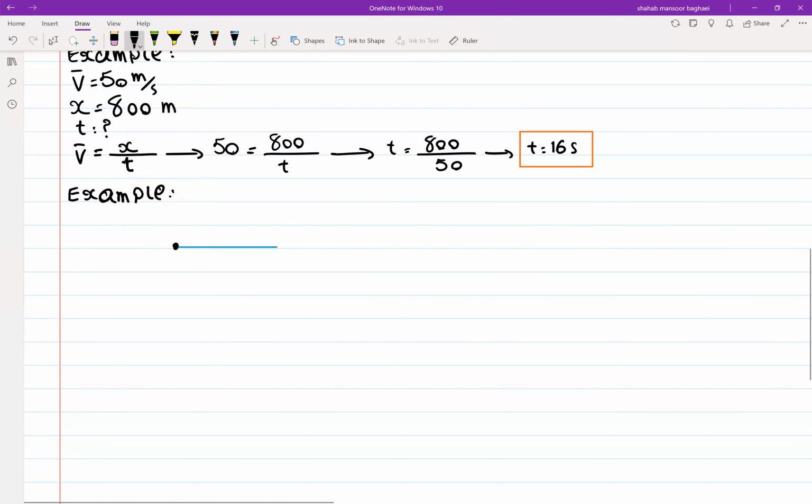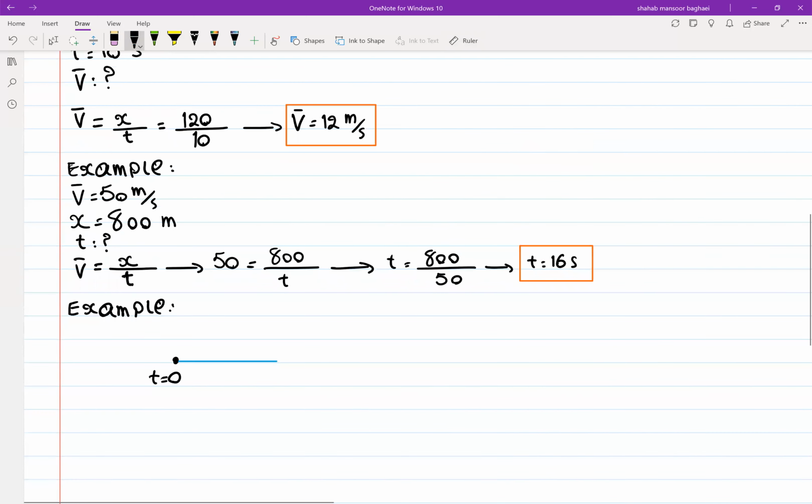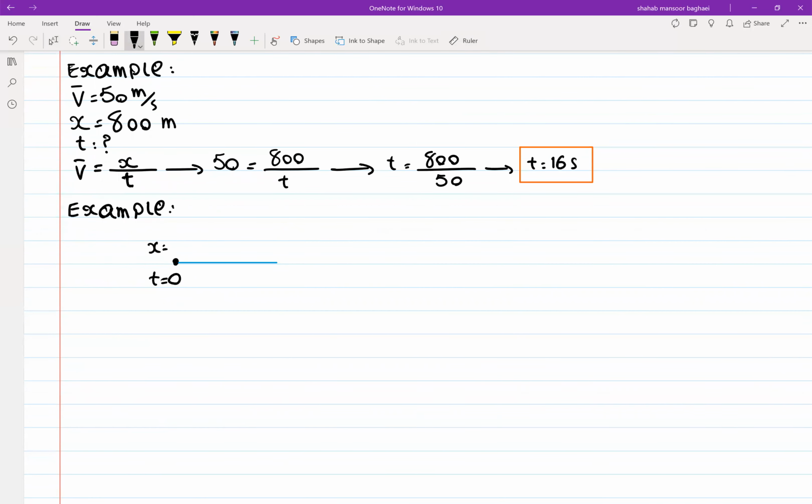For example, here t equals 0, and of course displacement is 0 here. X is 0. It is a start point. After 10 seconds, of course, time is 10 seconds, and the displacement from the first position to this position is, imagine, 20 meters.